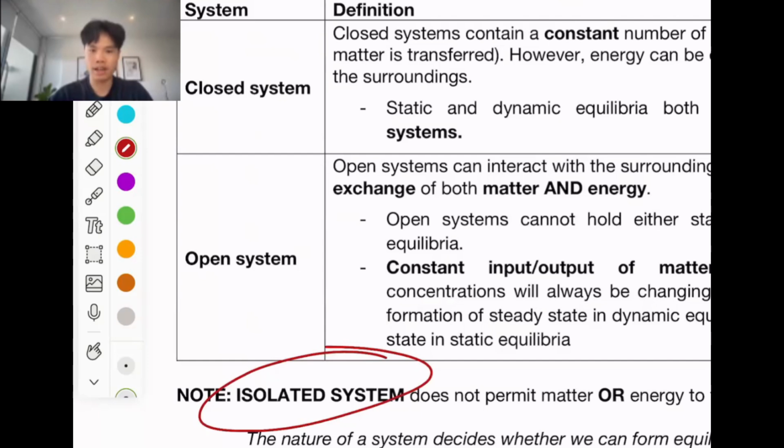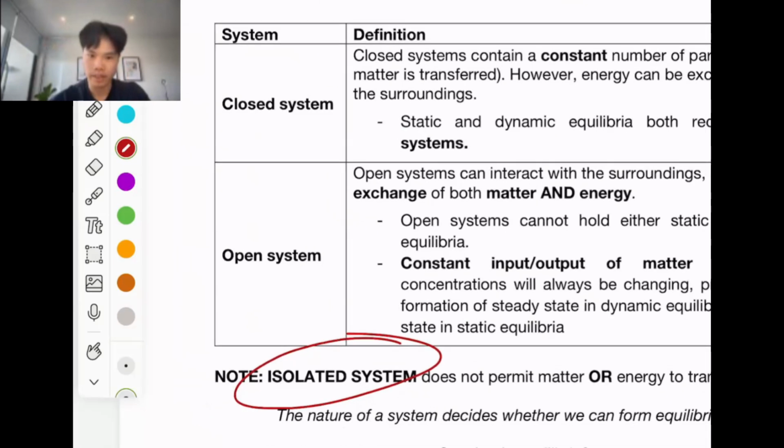So think about it as a sealed container that has a reaction happen inside it, but some surrounding material within that isolated system. That would be like a system with a surrounding inside an isolated system. So that's kind of the only weird case you might come across. But otherwise, for open and closed system, the definition is as you've seen.